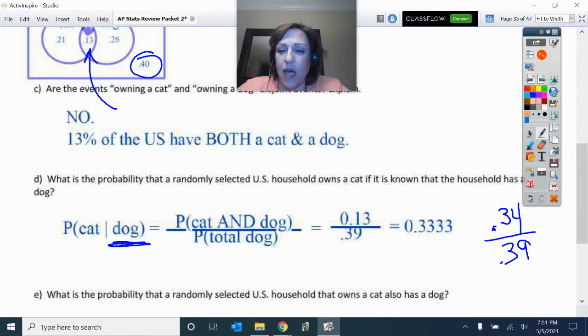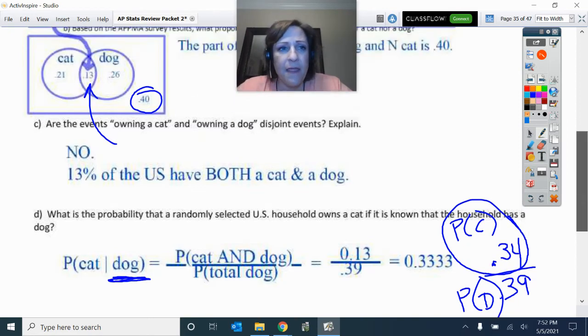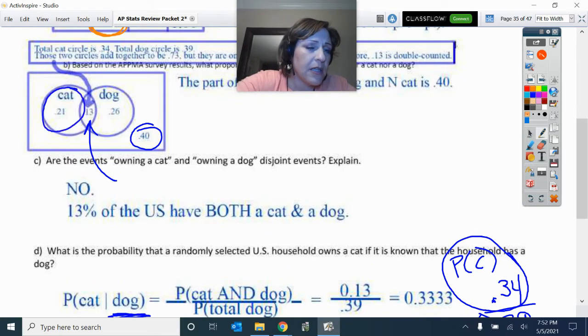And they say, oh, probability of cat over probability of dog. That's not what the formula says. Because in this 34%, there's 21% that, look, in that cat circle, 21% of them don't have a dog.